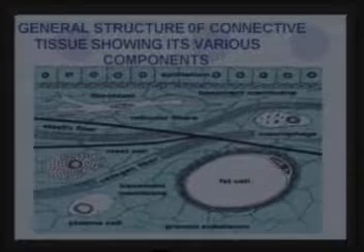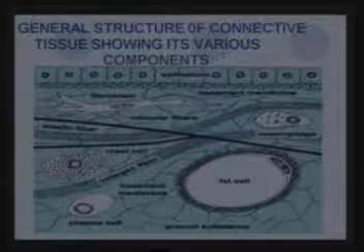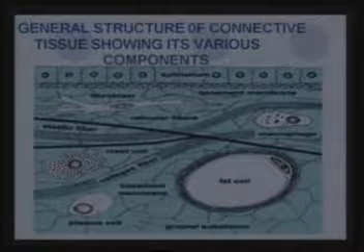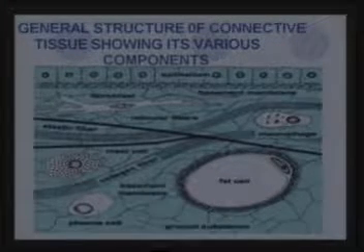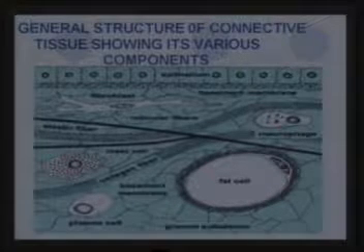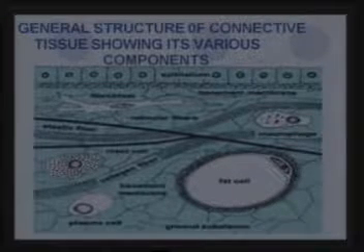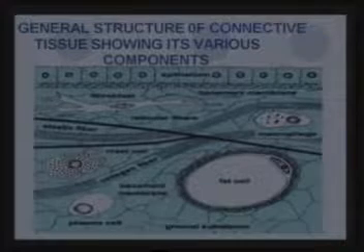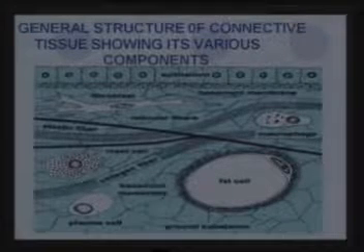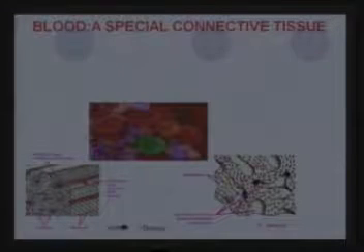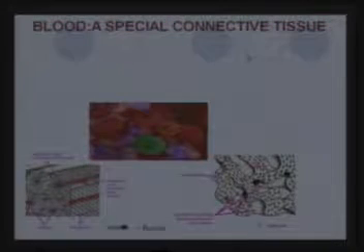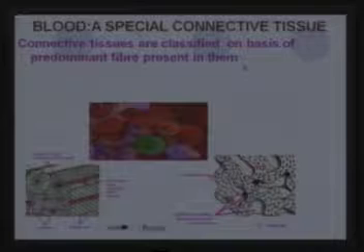You can see the cells, the fibers, and then you can see the matrix. This blue groundwork is the matrix. All these tissues which we are discussing, like blood and the bones, have this structure. But even then, they are known as special because they look very different from the normal connective tissue.